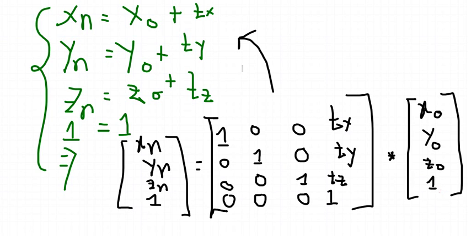It was simple, unlike the 2D transformation. Translation matrix in 3D. Let me erase this dirty arrow and put the dirty arrow here. So the derivation was simple.